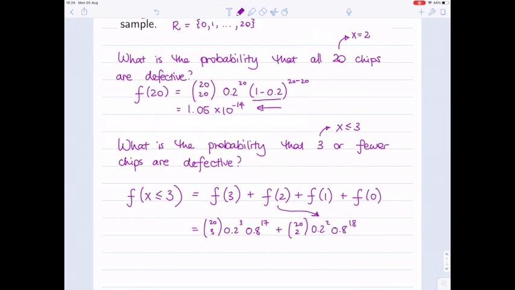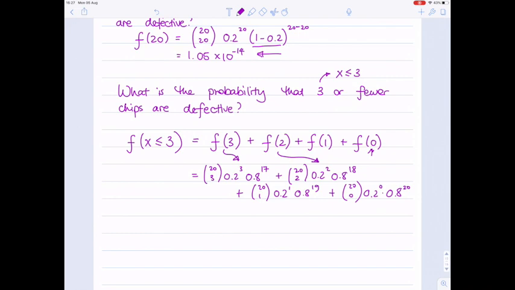So that was our probability that exactly 2 are defective. Our probability that exactly 1 is defective is 20 choose 1, 0.2 to the 1 times 0.8 to the 19. And finally, our probability that none are defective is 20 choose 0, 0.2 to the 0 times 0.8 to the 20.